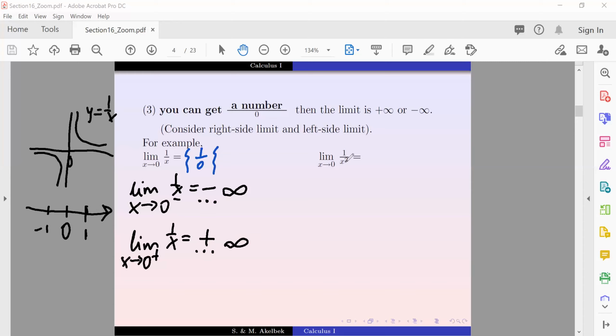Yes, I do have one question. For the last question, would it be that it doesn't exist? If you want the limit at this one, yes, you can say that the limit at 0 does not exist because the left side limit is not the same as the right side limit. Correct.